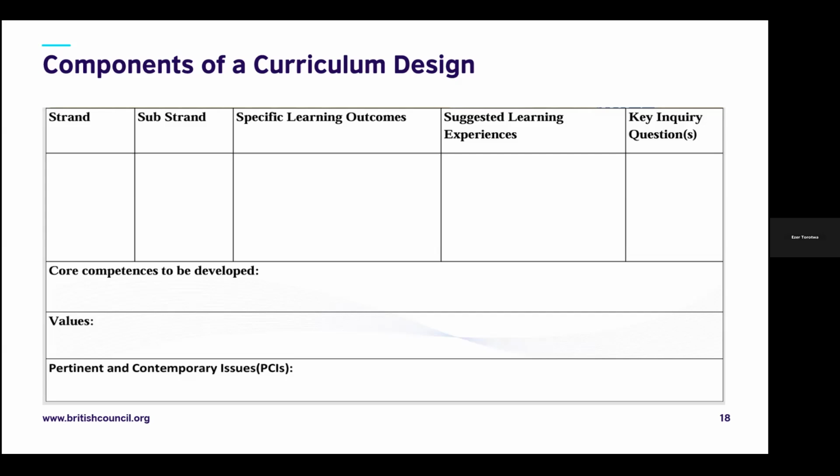What kind of questions are these KIQs? The key inquiry questions basically are the WH questions: the how, the why, the where, the when, and the what. These questions always help to focus on learning.